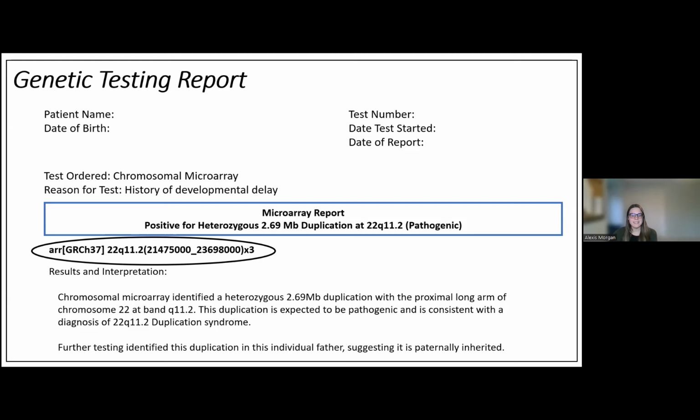Keep in mind, ×1 and 3 are not the only numbers you may see. Sometimes you may see ×0, ×2, ×4. The number can vary. Another thing you might see at the end of this section is the word MAT or PAT. This is only included if parental samples were also sent in as well. And this will tell you if the copy number variant was inherited from a biological parent.